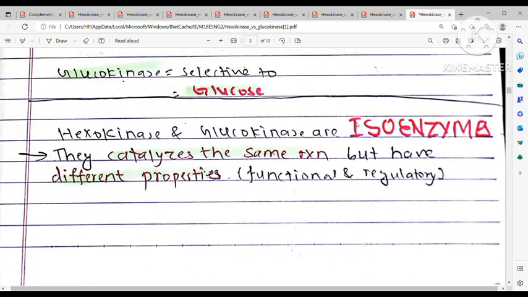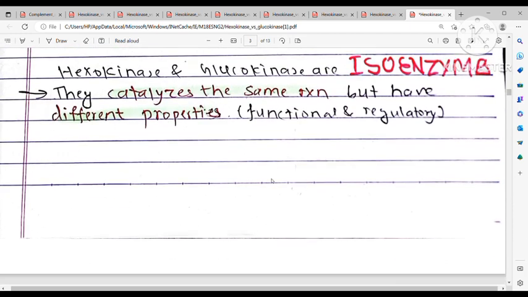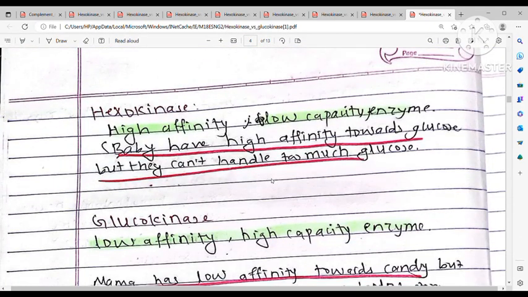Hexokinase and glucokinase are isoenzymes. That is, they catalyze the same reaction but have different properties. Hexokinase is baby. Baby has high affinity towards candies. They love glucose so much, so they have high affinity, but low capacity; they cannot handle much glucose.